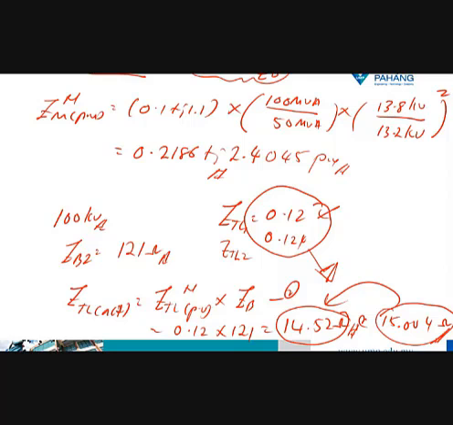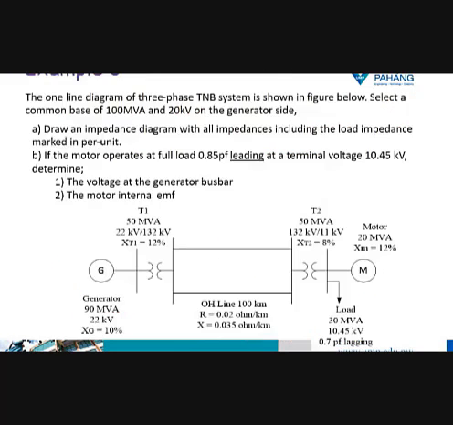In power system analysis, let's say we want to calculate the voltage. This voltage is the real voltage, in terms of kV. How many kV? This internal EMF is also a voltage. Sometimes we want to calculate current, how many kiloamperes.